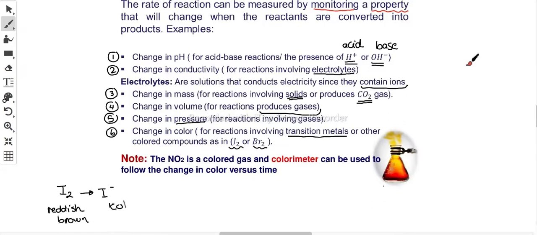So there will be a change in the intensity of color, and you can follow in this situation the change in color. You can also go through the bromine that turns into Br negative. This one is orange, and it will turn into colorless.